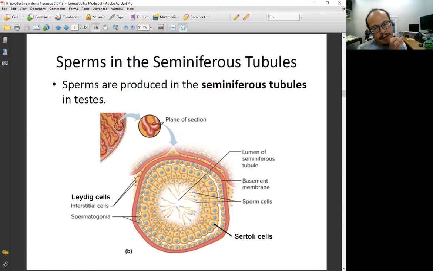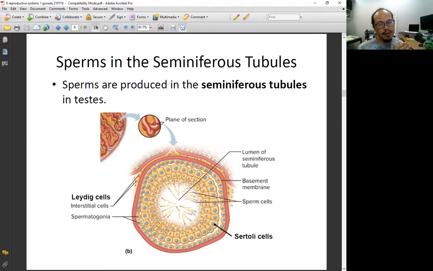So just to give you a heads up, in males we have this spermatogonia in the adult male, but in females, the oogonia, these oocyte stem cells, finish their job before birth.